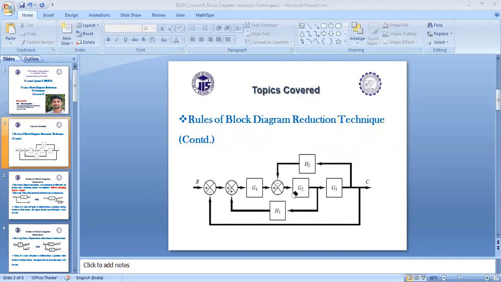For example, see, G2 and G3, these two are not connected in series because in between G2 and G3 there is a takeoff point which is taking a signal out from the middle of these two blocks. Now if we can shift this takeoff point after G3, what will happen?